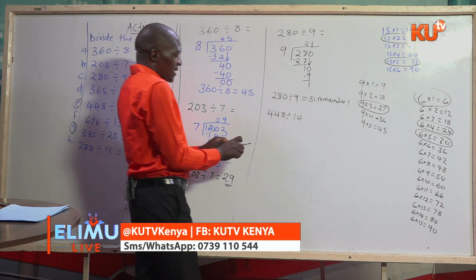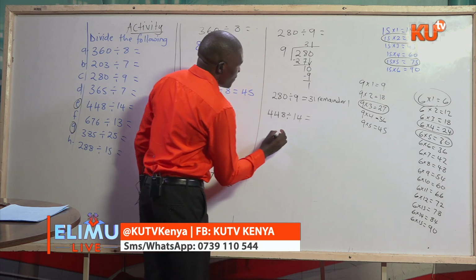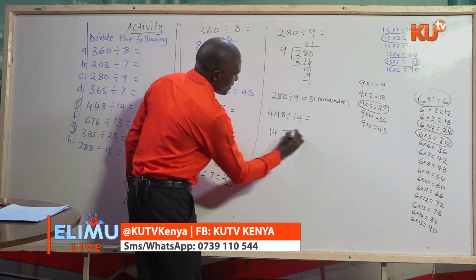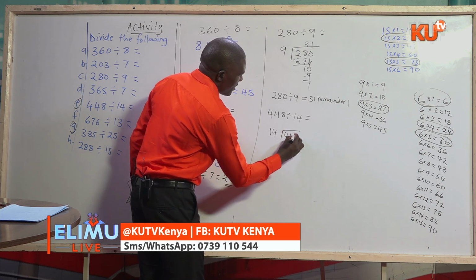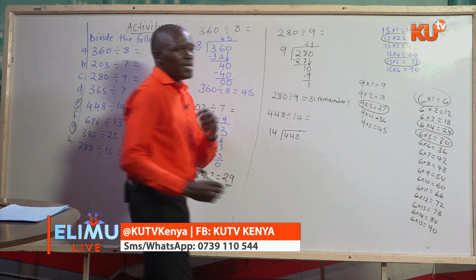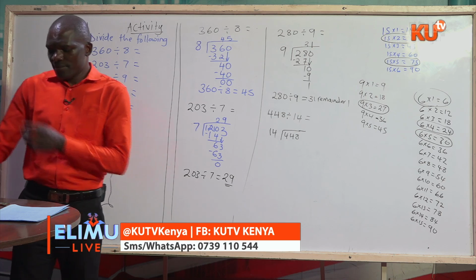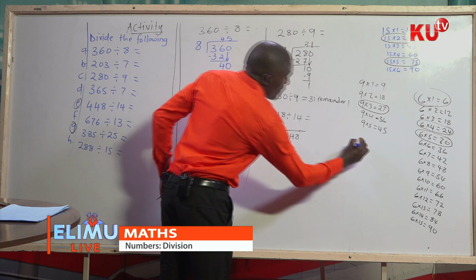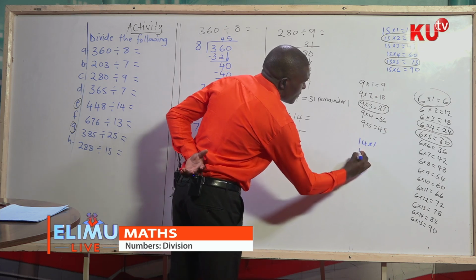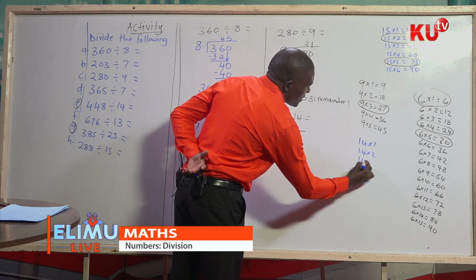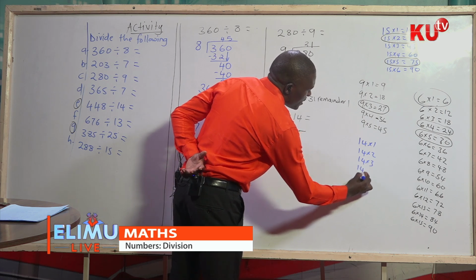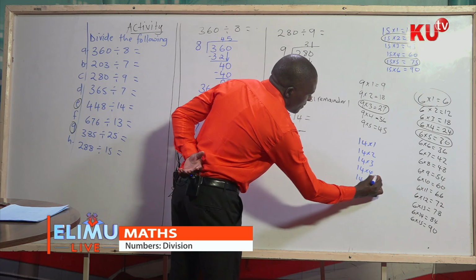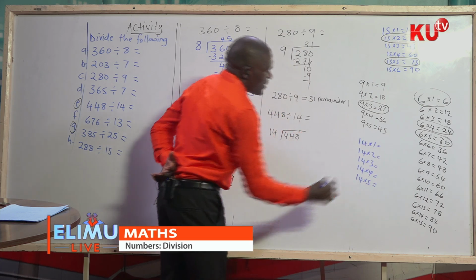What you are required to do is just to place 14 outside and 448 inside. Then you have now to move to table 14. 14 times 1, 14 times 2, 14 times 3, 14 times 4, 14 times 5.